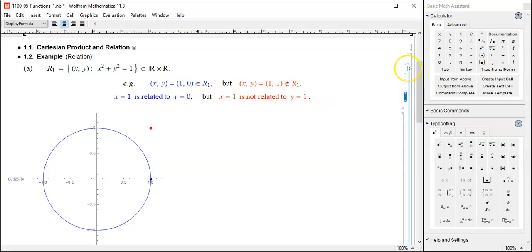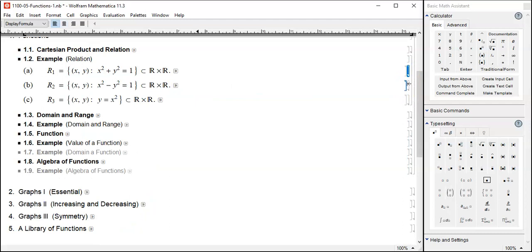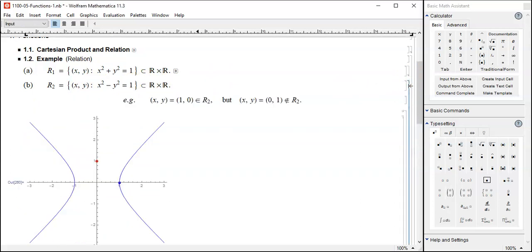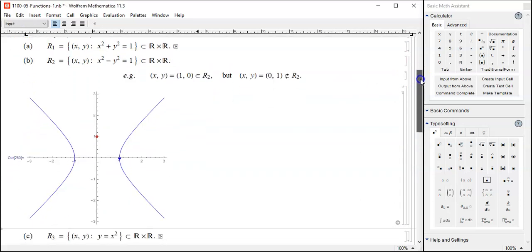Now let's go to the next example. How about R2 given by x squared minus y squared is equal to 1? It's a hyperbola. So (1, 0) satisfies this relation here, and please check, the detail is left to the students. (0, 1) on the other hand, no. Please check this equation.